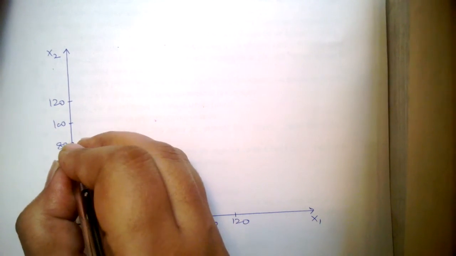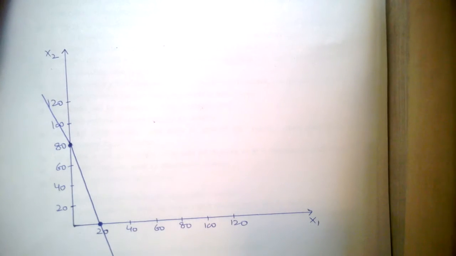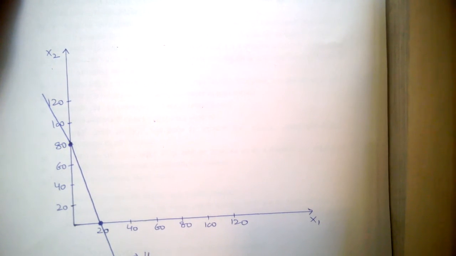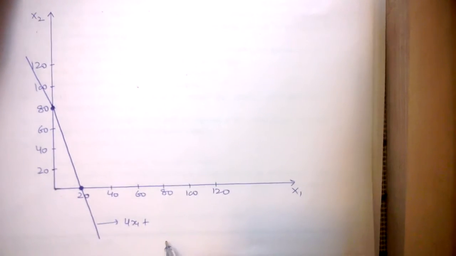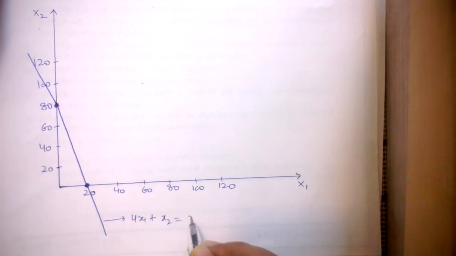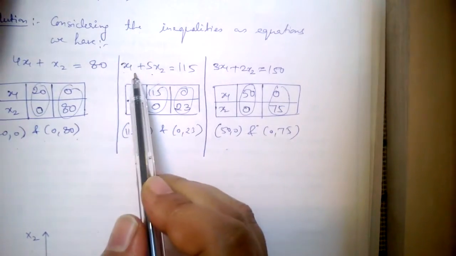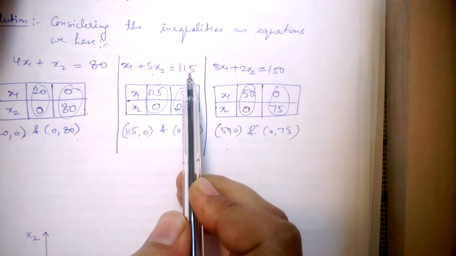Joining these 2 points we get the first line. So this is our first line, which is 4x1 plus x2 equal to 80.